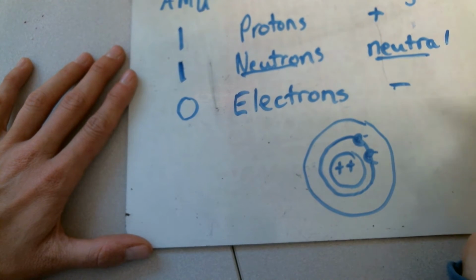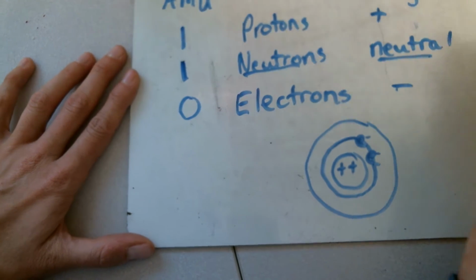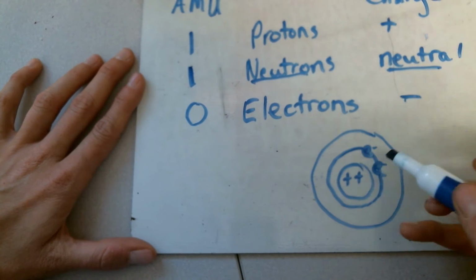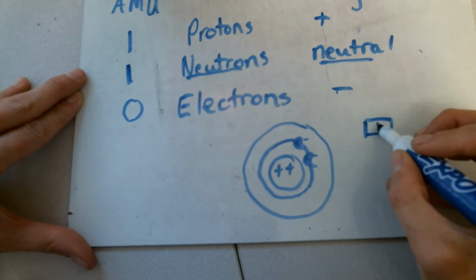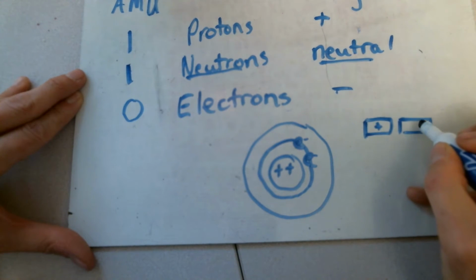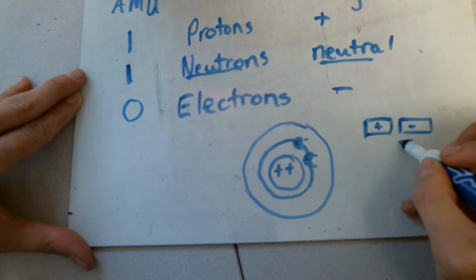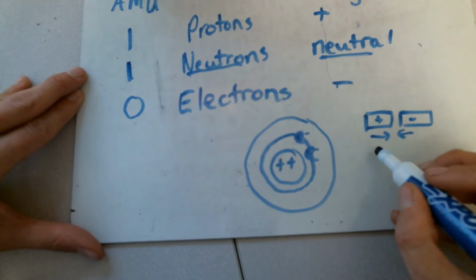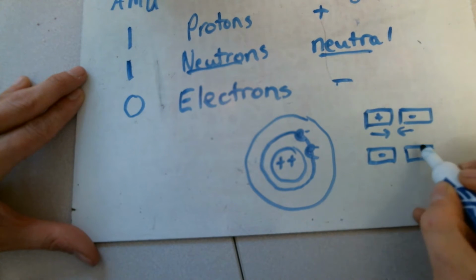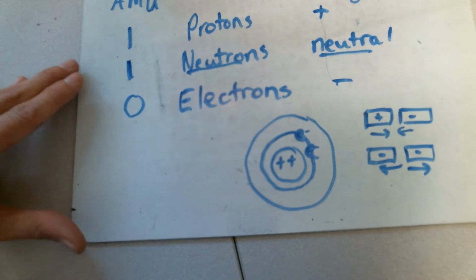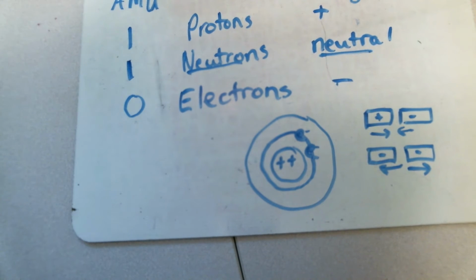If you think about magnets, if you have a positive magnet and a negative magnet, they attract each other, right? But if you have charges that are the same, they repel each other. So you can think about that when you think about the atom being held together.